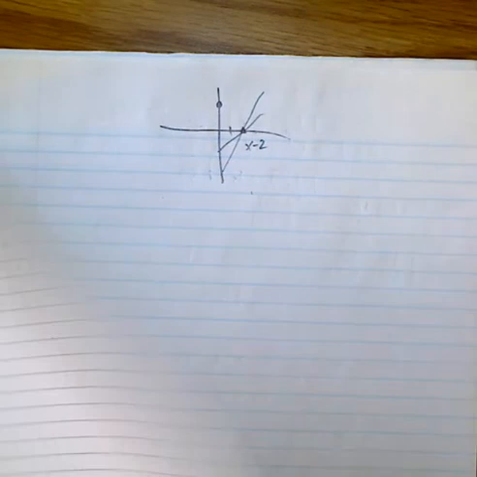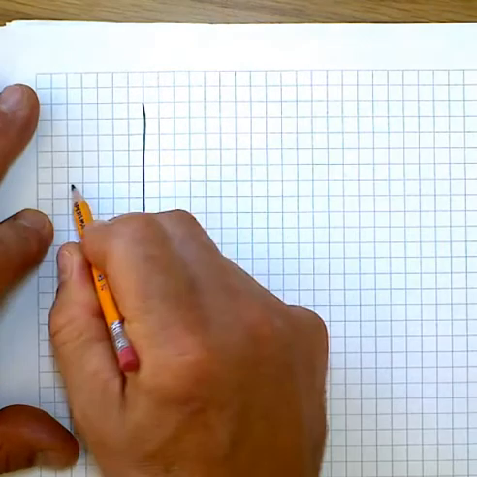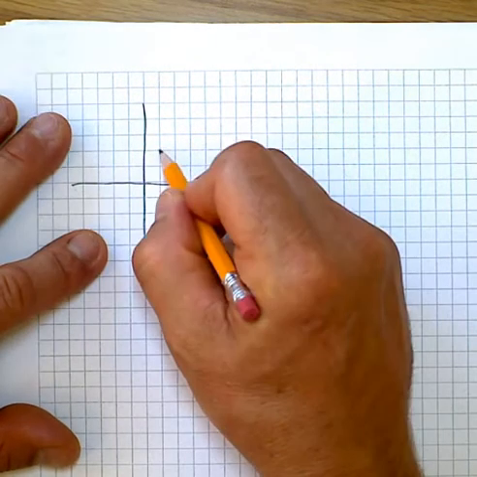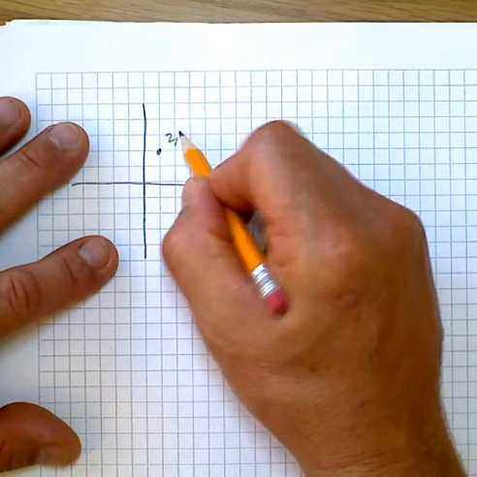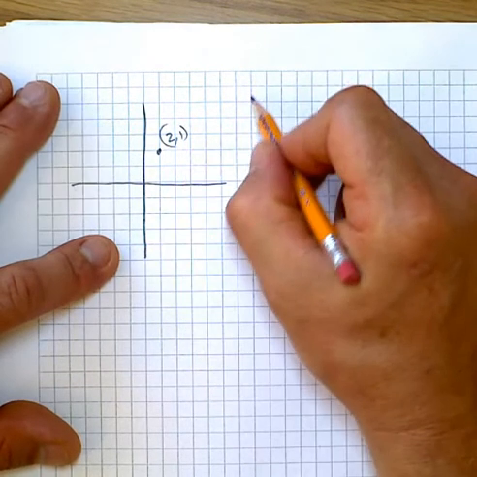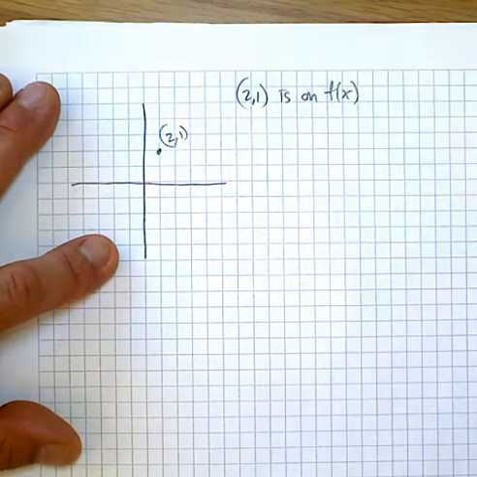Now let's have a look at an example. We will do some graphic examples for sure, but let me just grab a point here and make a quick axis. Say that this here is a point on f of x. This is 2 and 1. So (2, 1) is on f of x.